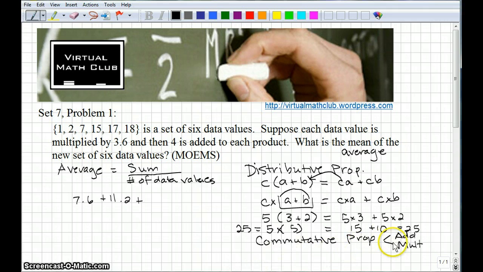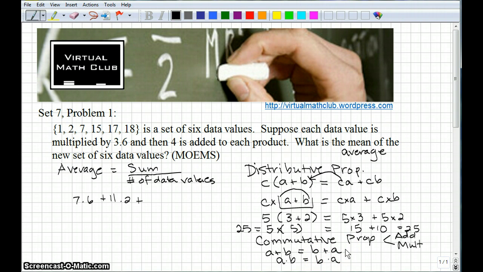Basically, it says that a plus b is the same as b plus a. So it doesn't matter what order you add things in. In the same way for multiplication, a times b is the same as b times a.